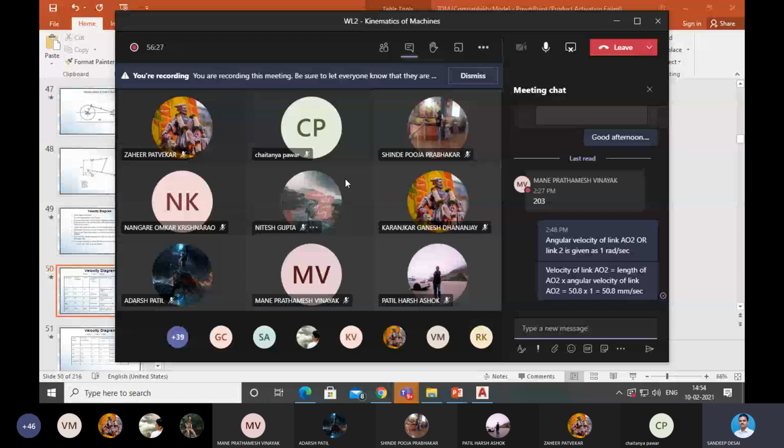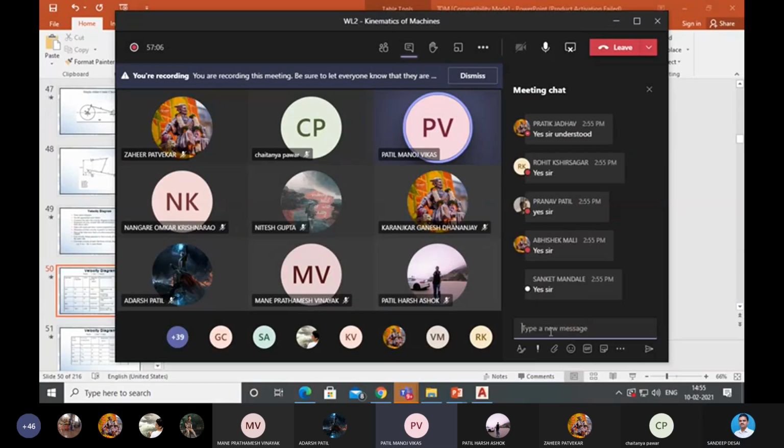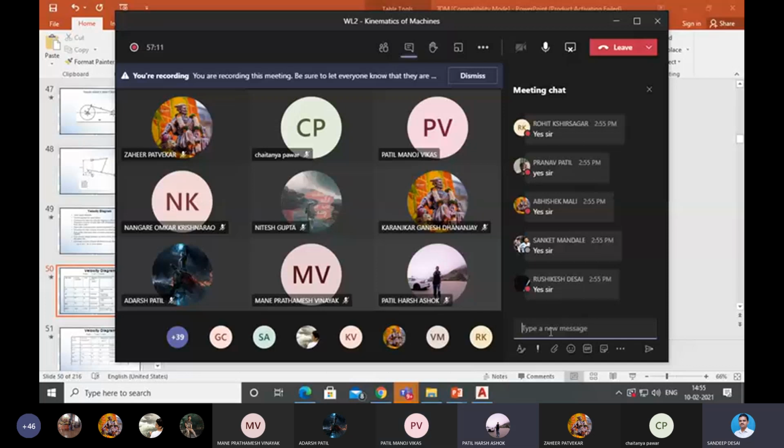We have drawn the space diagram or configuration diagram. I should see 54 responses in the chat box. Sir, I can't open the chat box. Okay. Have you understood? Yes, sir. Okay. Others, you can now mute yourself. Please write down in the chat box that you have understood.